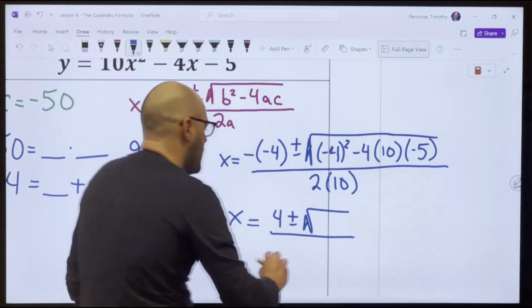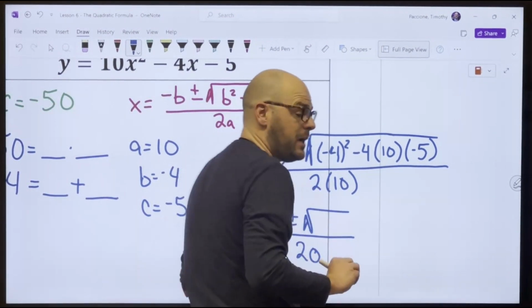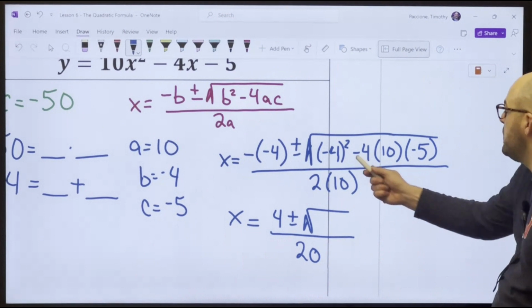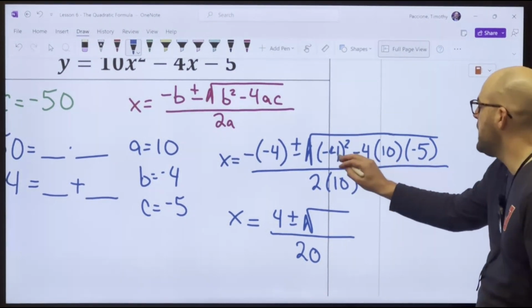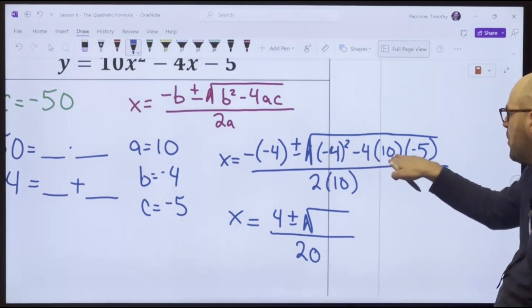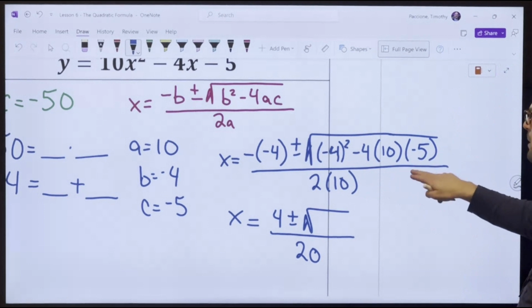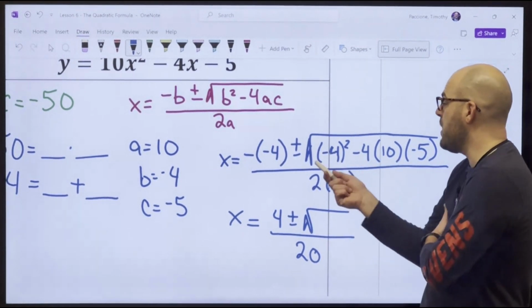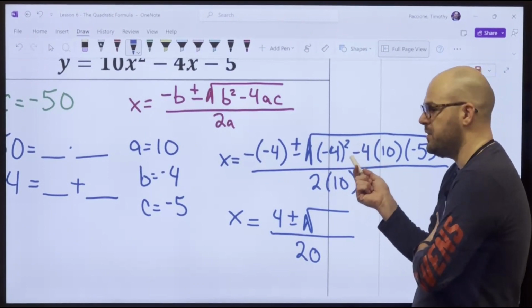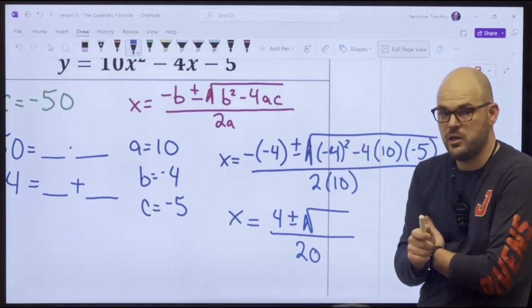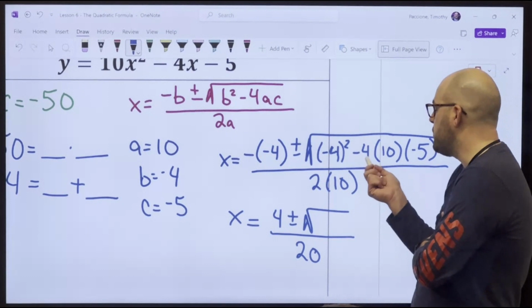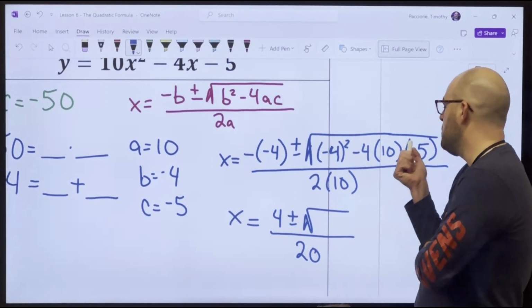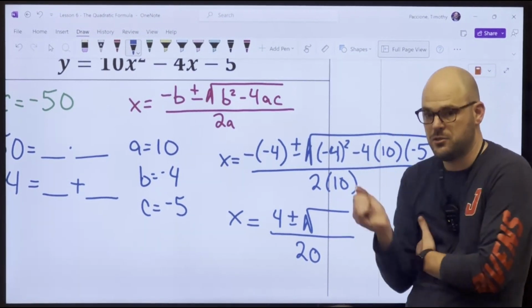20. All right, now what you're going to do is pick up your calculator, and you're going to put this in, not with a square root, just what number do we have under here? Exactly as you see it. You're going to go parentheses, negative 4, parentheses, squared, and you're including your parentheses. And then minus 4, parentheses, 10, parentheses, negative 5, enter.